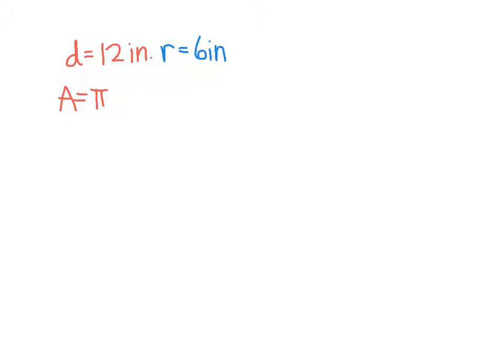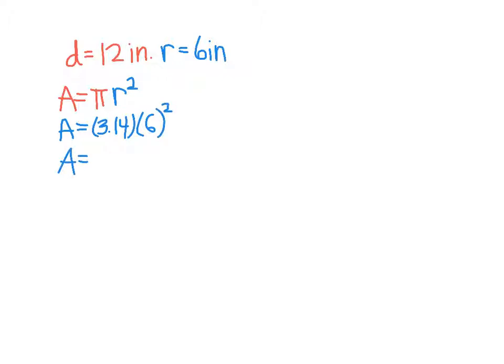So area is going to be pi times radius squared. Now I can start plugging in those numbers. We're still going to use 3.14 for pi, and then 6 squared. Remember, 6 squared is not 12.